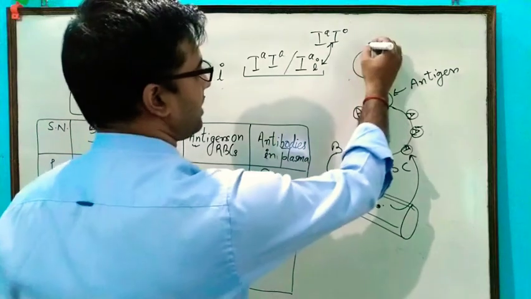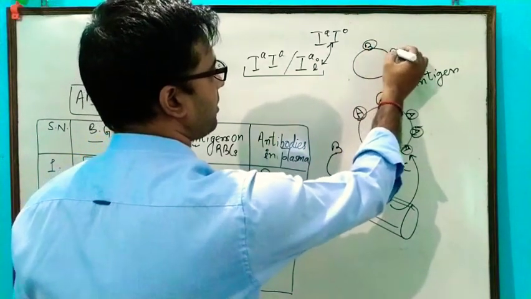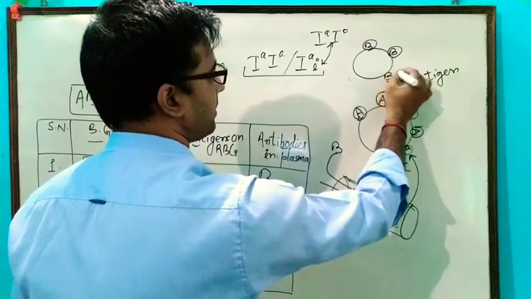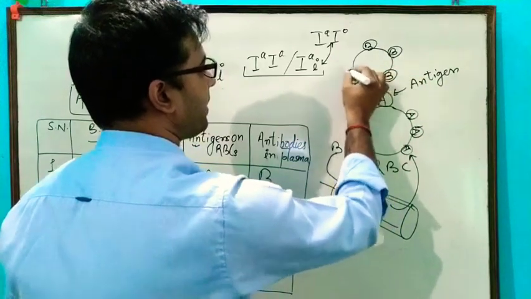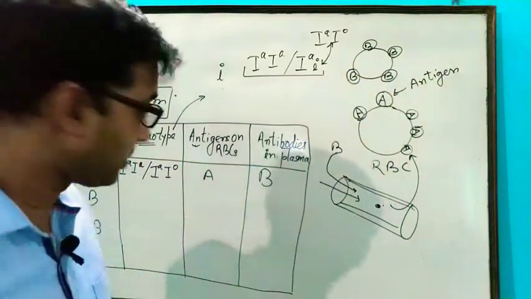Now this time, this RBC has B antigen on the surface.